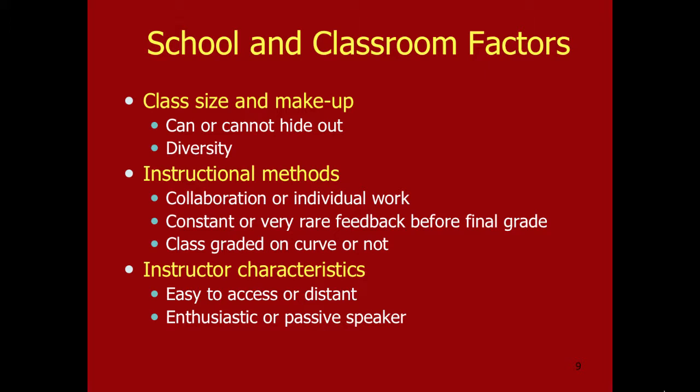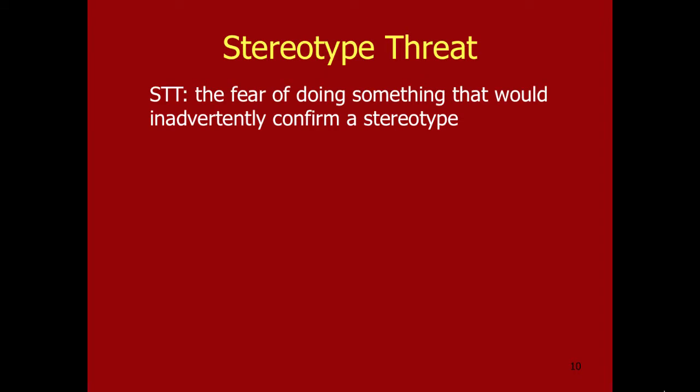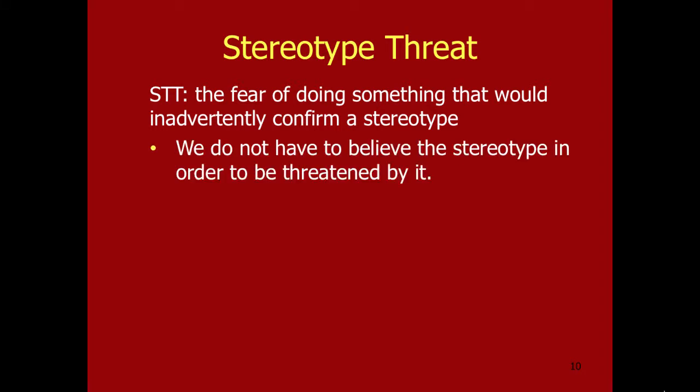One of the more negative sociocultural factors that can impact our learning and motivation is known as stereotype threat. Stereotype threat is the fear of doing something that would inadvertently confirm a stereotype. An important note about stereotype threat is that we do not have to believe the stereotype in order to be threatened by it. Think about yourself now and think about the roles that you play.